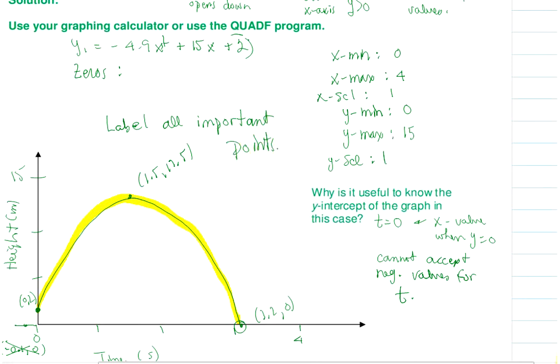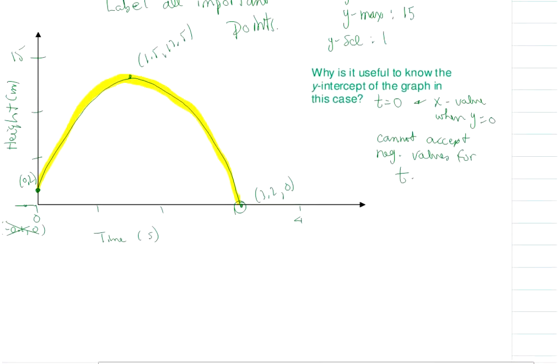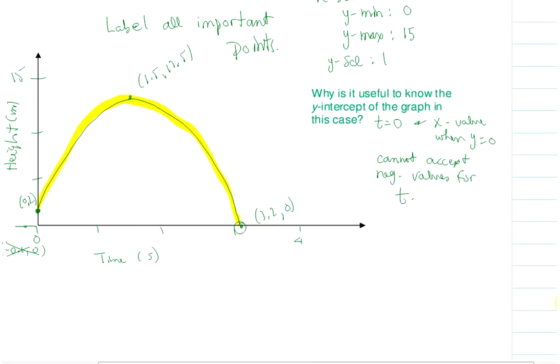Okay, and so what do you think our solution is? Well, if you take a look at our graph, everything above the x-axis. And because our solution is a region that's connected between 2 points, we're going to use only one statement.